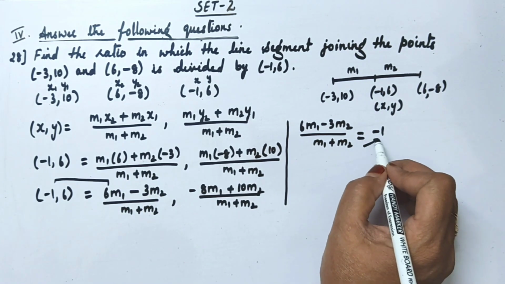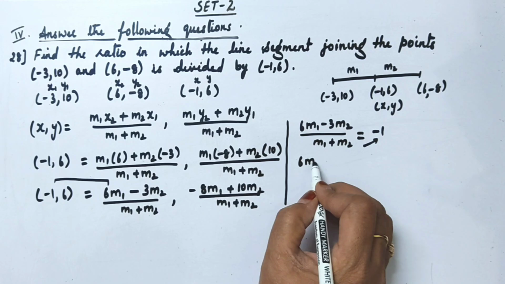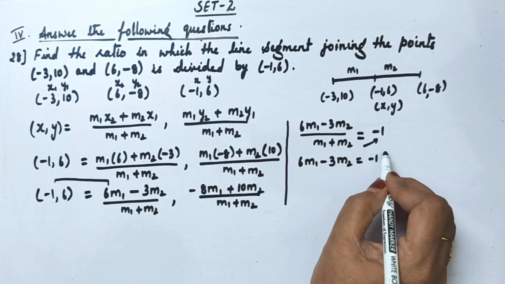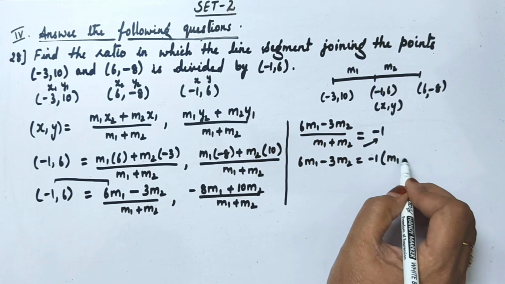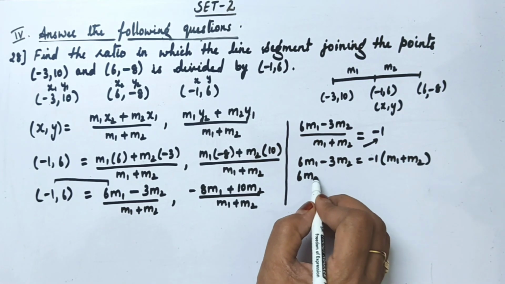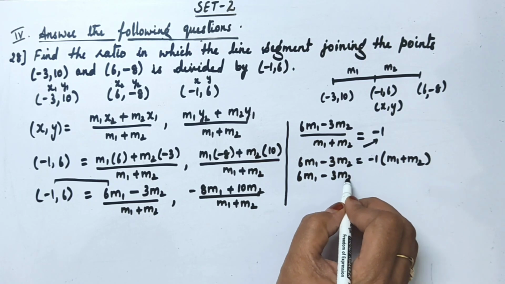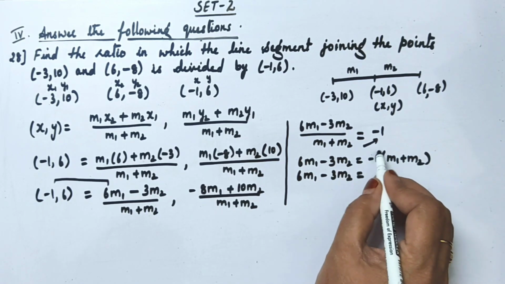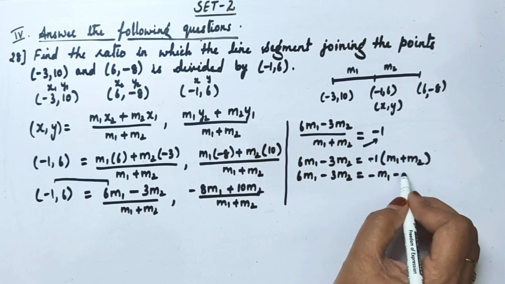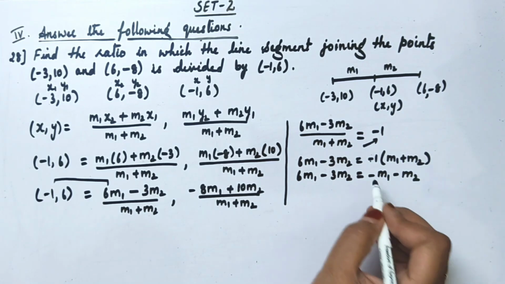Let us do cross multiplication. 6m1 minus 3m2 equals minus 1 into m1 plus m2. Write 6m1 minus 3m2 as it is, equals, let me open the bracket, minus m1, minus into plus is minus m2.